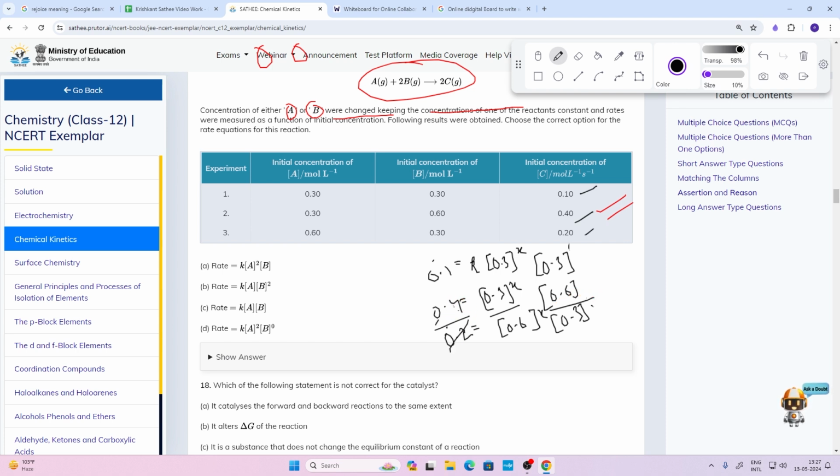So this will be 2. This will also be 2. 2 and 2 will be cancelled out, and it will result in 1. So 0.3 by 0.6, it is 1 by 2. 1 by 2x is equal to 1. Right? So we can write it as 1 by 2 power 0. Of course, this will be 1. So x is equal to 0, right? x is equal to 0.